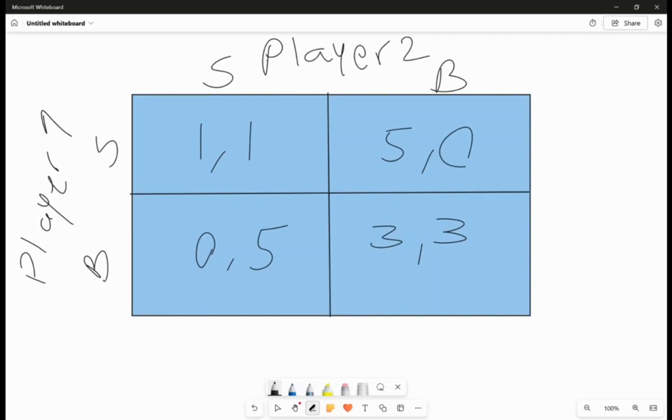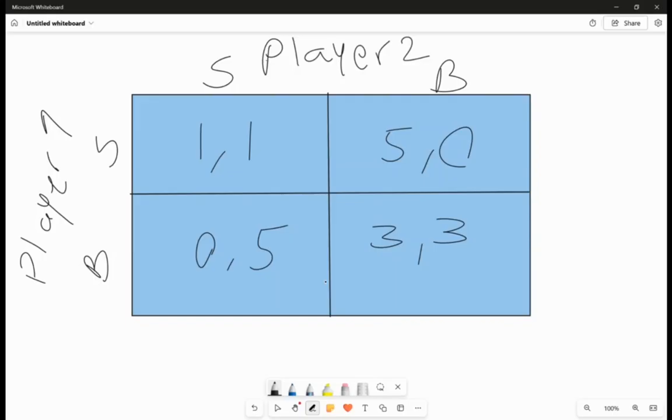In this case, player 1, who is talking on player 2, is going to go for free, so the payoff for player 1 is going to be 0. And the player who remains silent is going to go to jail for 5 years, so 5 years would be the number of years of jail for player 2.